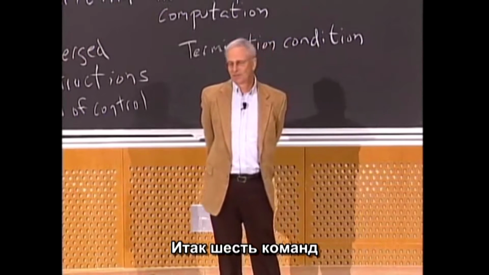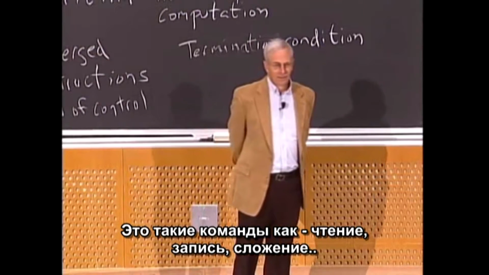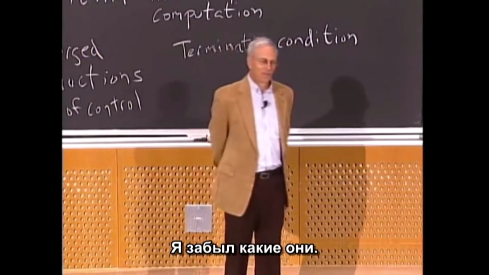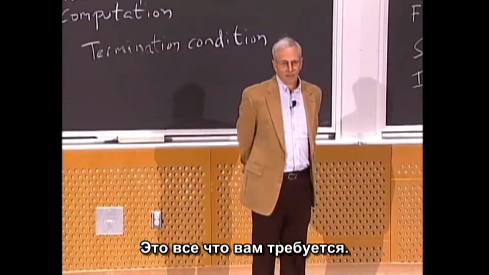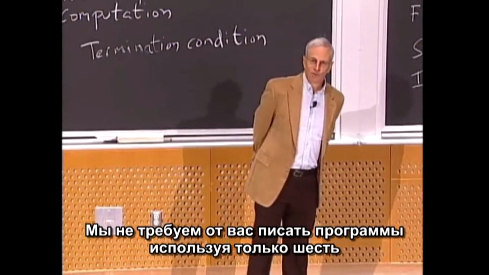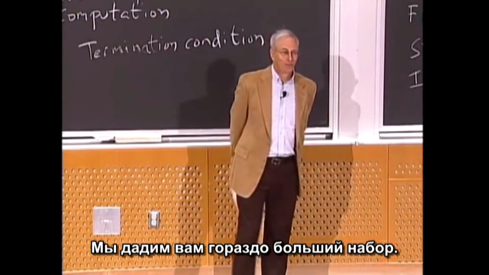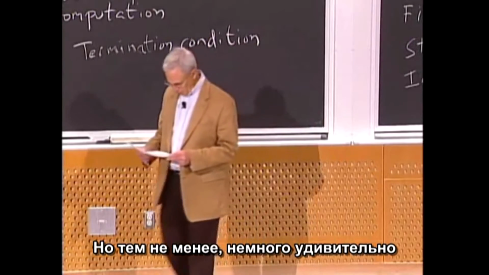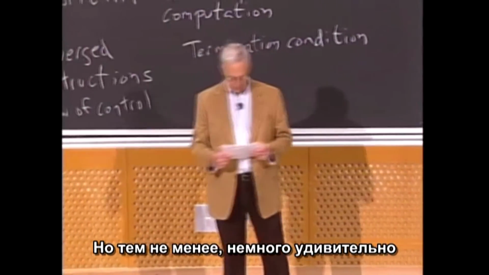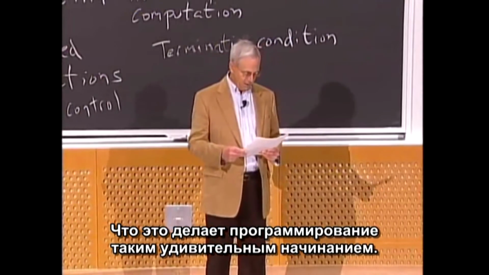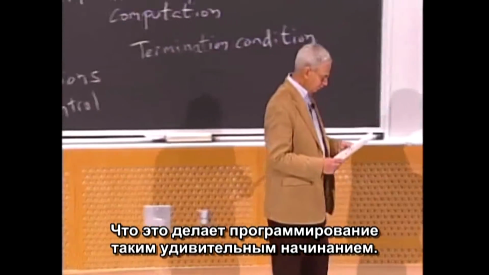There were 6 instructions. There were things like read, write, plus, I don't know, maybe minus, I forget what they were. And that was it. That's all you needed. We will not make you write programs using only 6 instructions. We'll give you a much larger set. But still, it's really quite remarkable. It's what makes programming such an amazing endeavor.